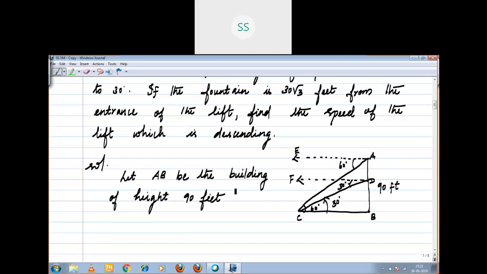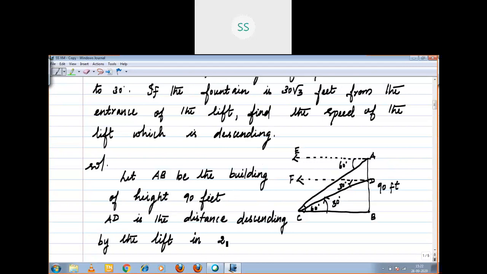Got it, children? Next, AD is the distance descending. That means the lift is coming down. That is the meaning. Distance descended by the lift in how many minutes? 2 minutes. It is given in your question, right?